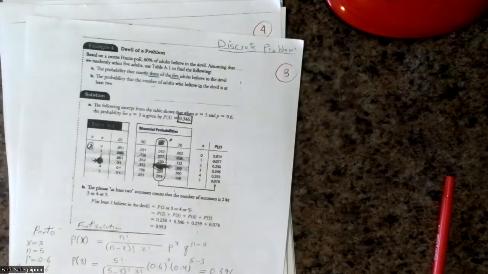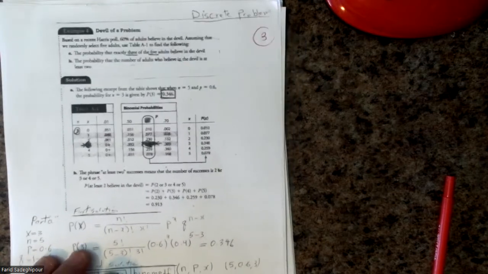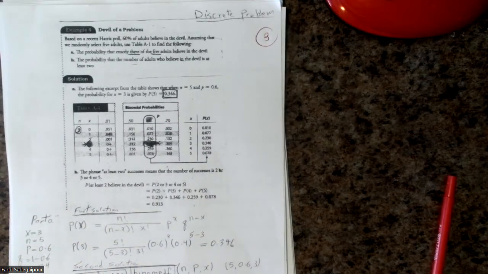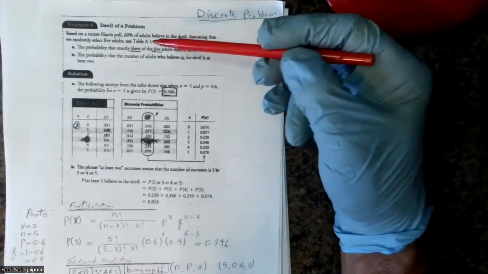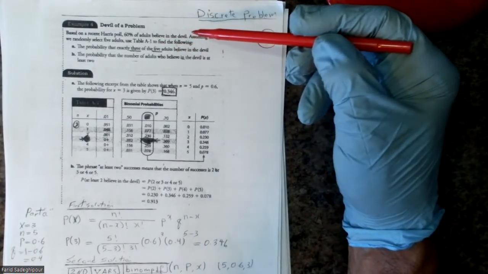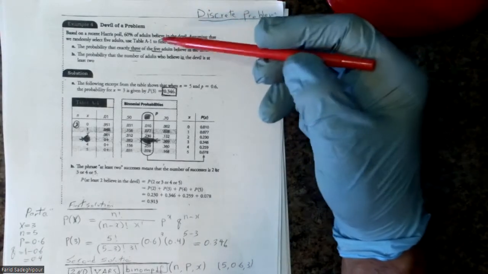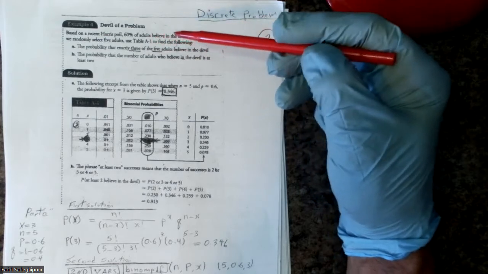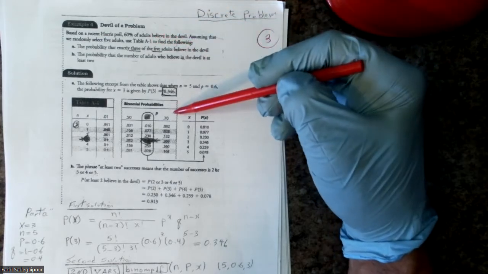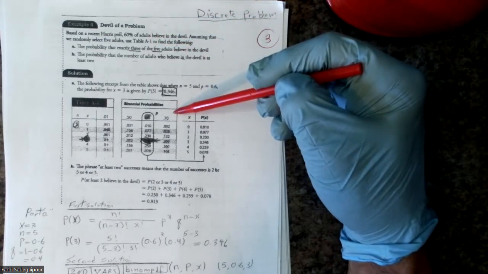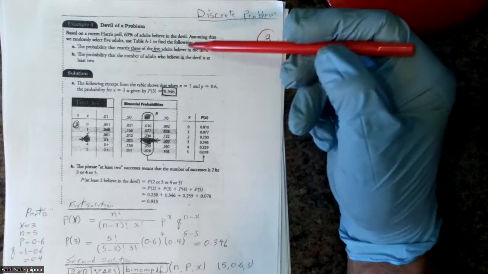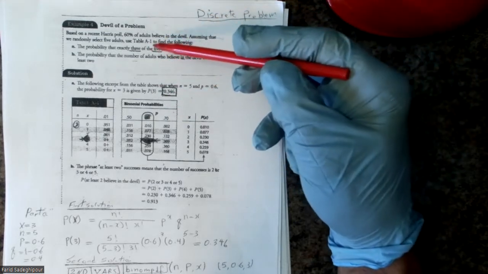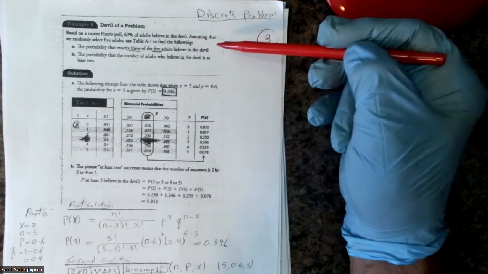Now, first we want to discuss a discrete problem that we had in earlier chapters. Based on a Harris poll, 60% of adults believe in the devil, assuming that we randomly select 5 adults. Use Table A1, which is designed for binomial, to find the following. What is the probability of 3 out of 5 adults believing in the devil?